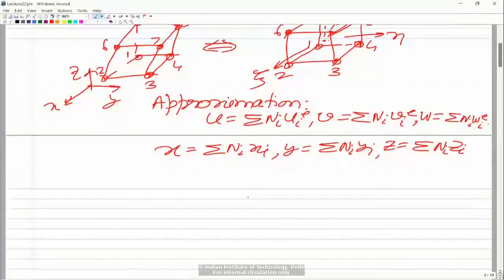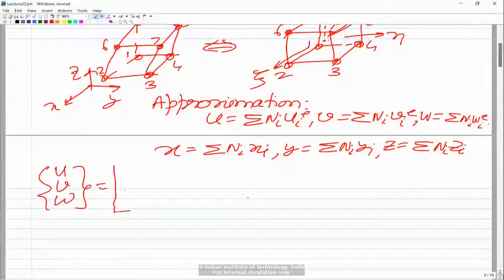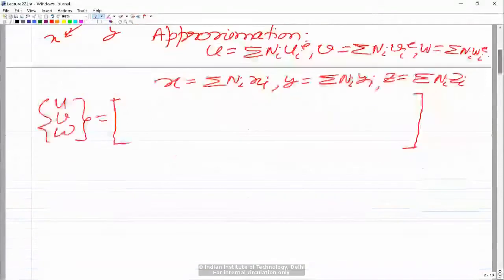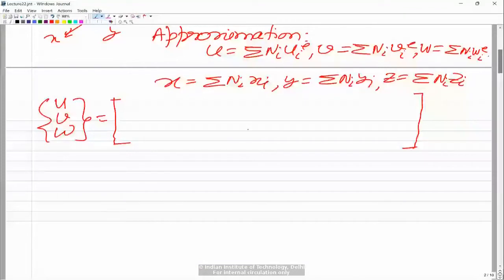So if you look at the displacements, we have three displacements U, V and W, and these are written in terms of the shape functions. So this is going to be the shape function matrix, and here you have the degrees of freedom.